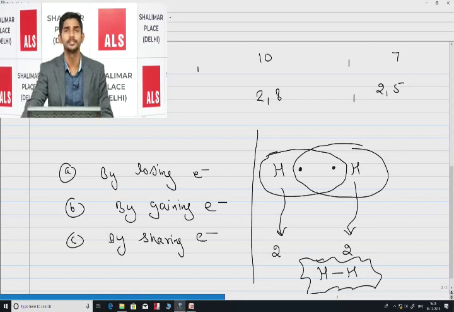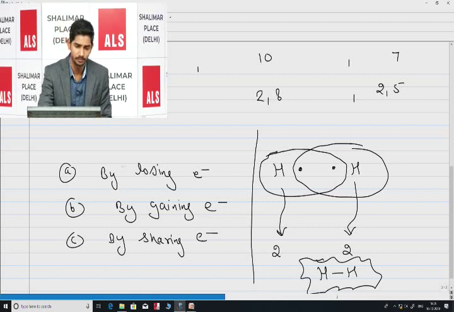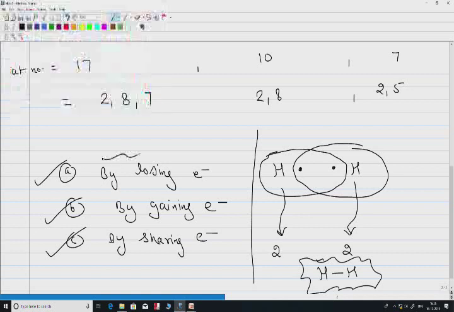Okay. This is the sharing of electrons, about which you will learn in the higher classes. Okay. So, I have given you the idea that how the sharing takes place. You need to copy this one. Please copy and then confirm. Means this is already written. You have to copy rest too.